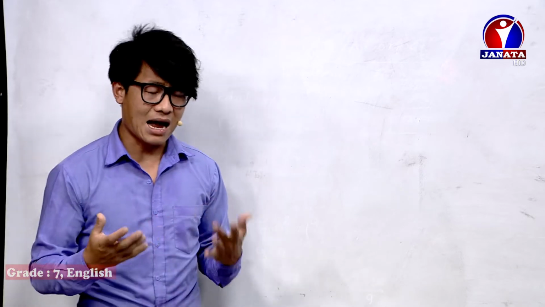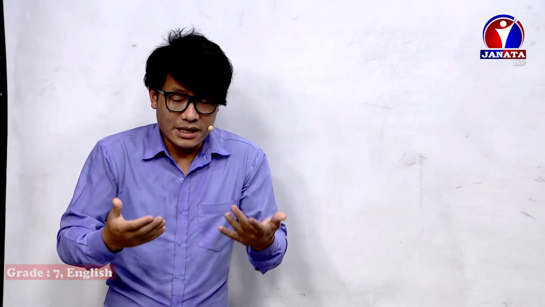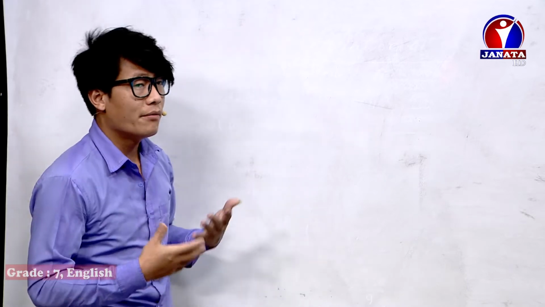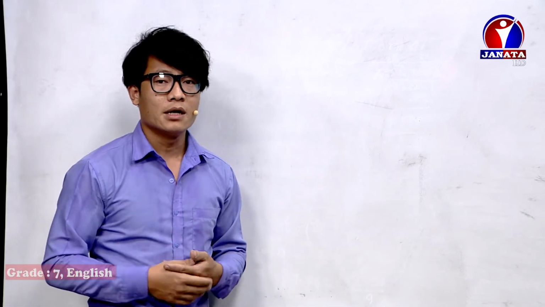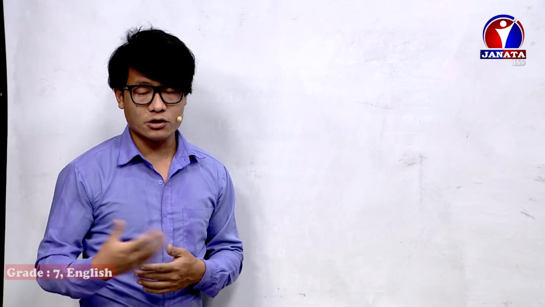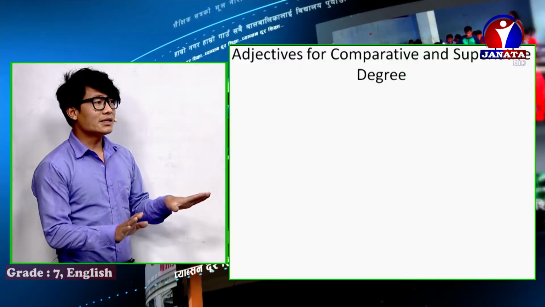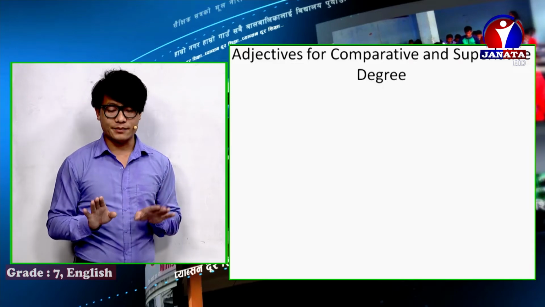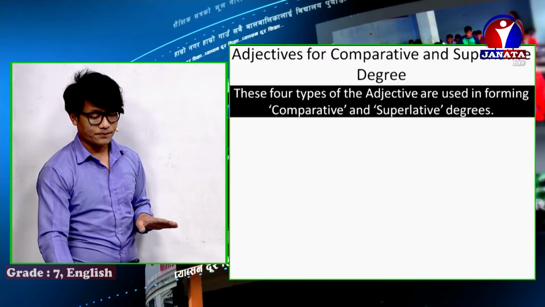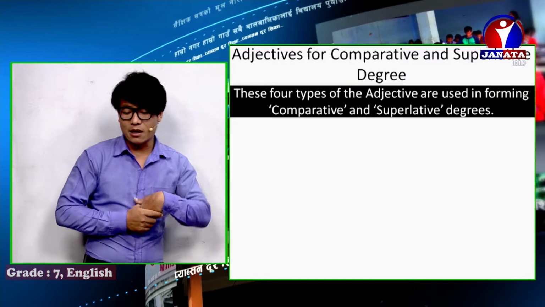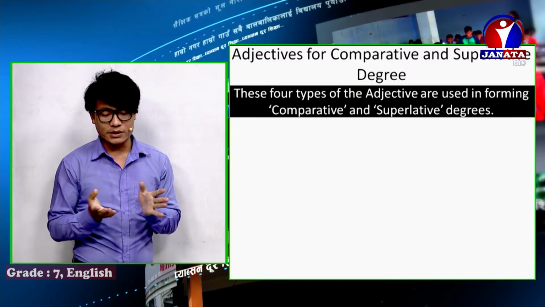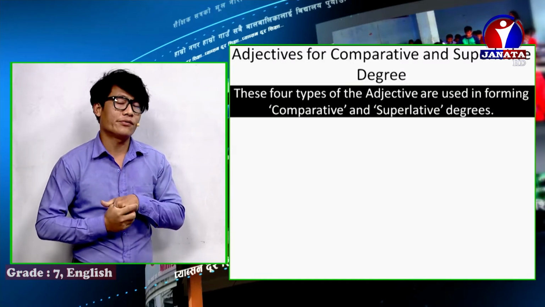So now let me show you what types of adjectives are used in forming comparative and superlative degree. Look at this side: these 4 types of adjectives are used in forming comparative and superlative degree.